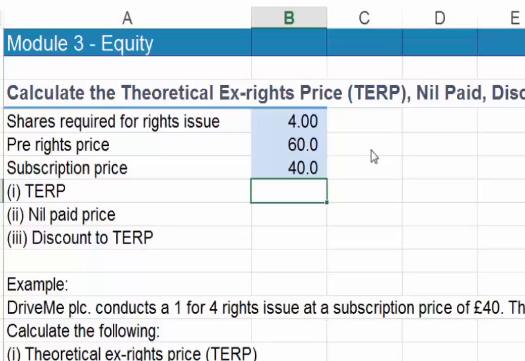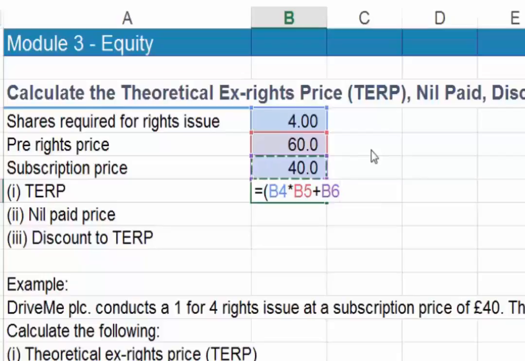But let's put that in Excel. So what did we do? We do equals for a formula, open brackets, because it's going to be quite a bit of brackets here, 4 times the 60, because we hold 4 shares at 60, and I add 1 at 40. And mathematically, you always do the multiplication before the addition, so you don't need any further brackets around that.